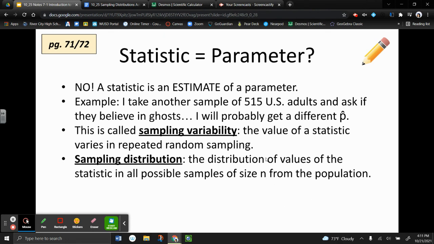So this would be of size 515. So again, if we just took over and over again a sample of 515, calculated a p hat, graphed it, took another sample, calculated a p hat, and graphed it, over and over again, we'd end up with some type of distribution that we can use to estimate the true proportion of adults who believe in ghosts.